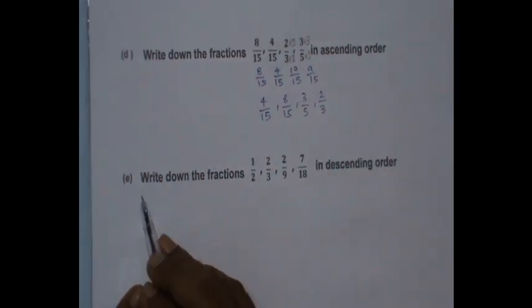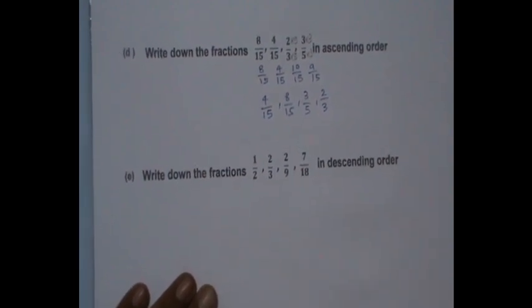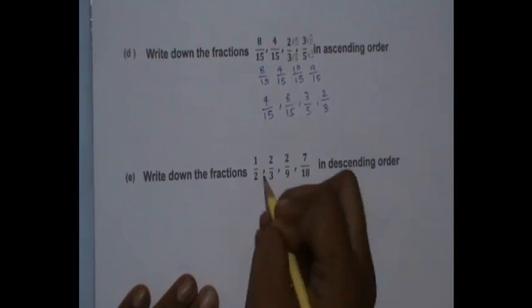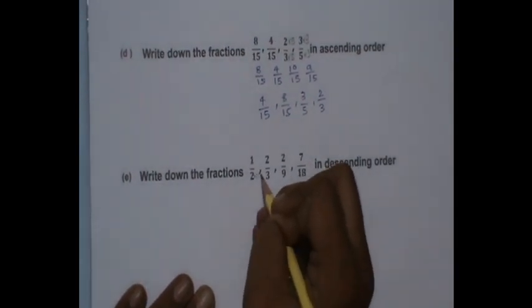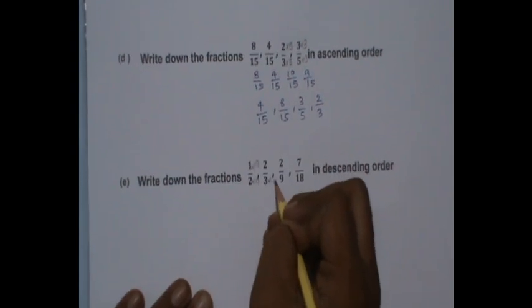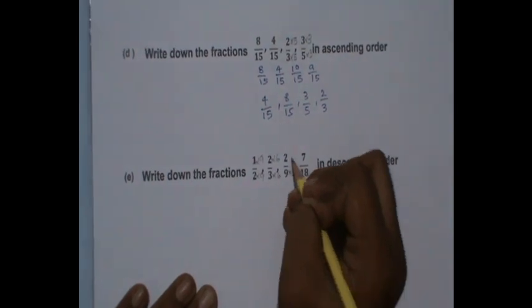The question number E, write down the fractions in descending order. So first we have to make all denominators the same. So we can multiply 9 by 2 to get 18, 3 by 6 to get 18, 9 by 2 to get 18.